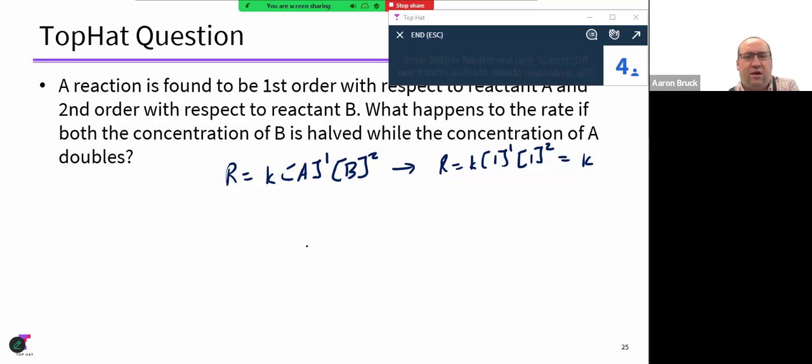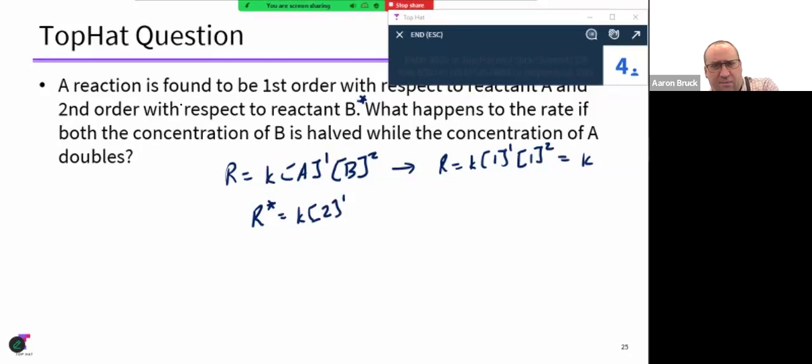Now in our second scenario, where we are applying this change, let's call that condition R star. We have K times, we doubled A, so now this is 2 to the first, and we cut B in half, so this is now 1/2 to the second.